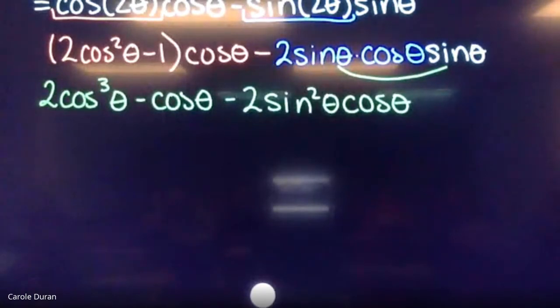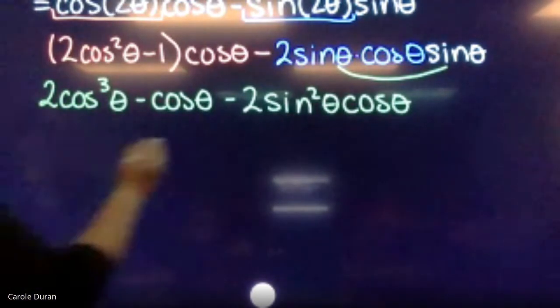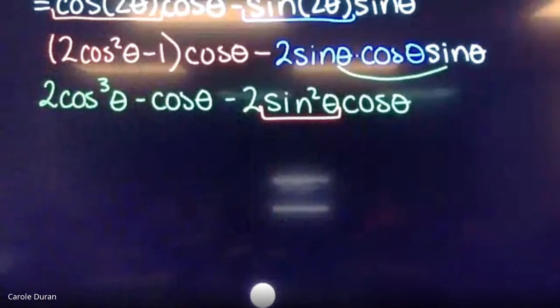So we have 4 trig functions on the board, 3 of which are cosine, 1 of which is not. So that one that's not is the one that I somehow have to try and substitute because I need to get that in terms of cosine. Do I have anything at all that I know about that relates a sine squared into something with cosine in it?